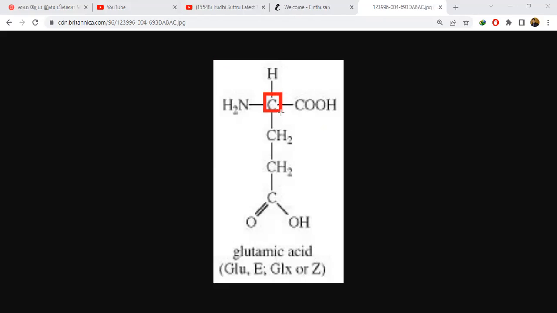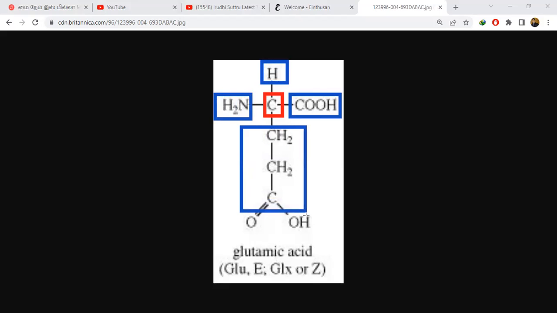Now, take this carbon. This carbon is surrounded by 4 groups. What is this group? Carboxyl group. Who is this? Hydrogen atom. Who is this? Amino group. This you call side chain.